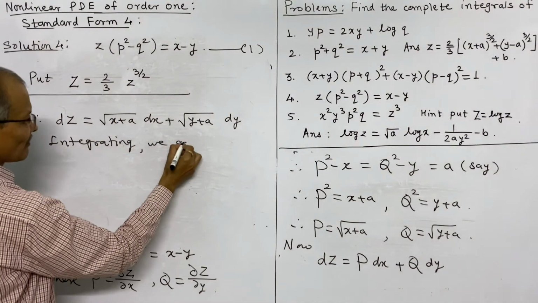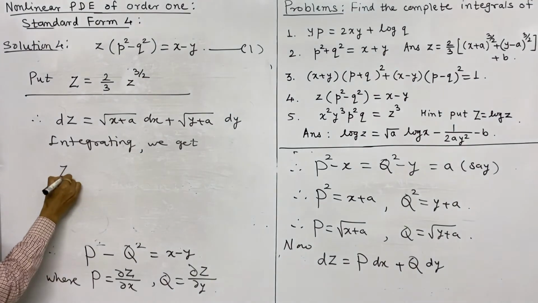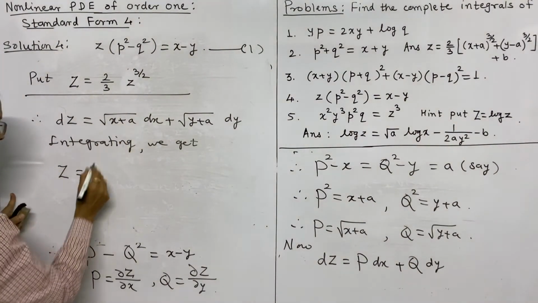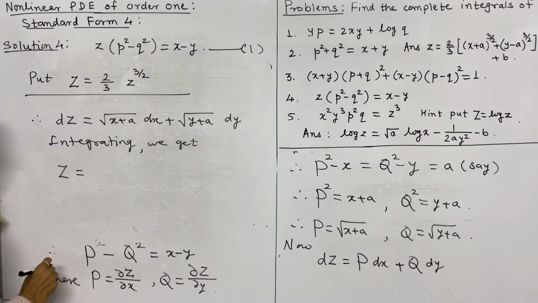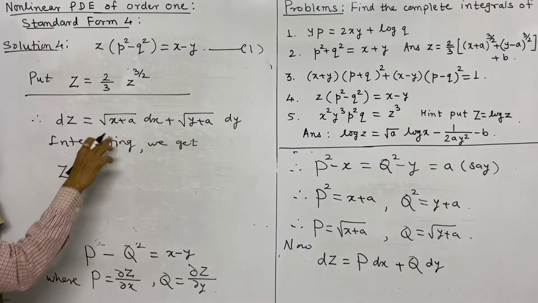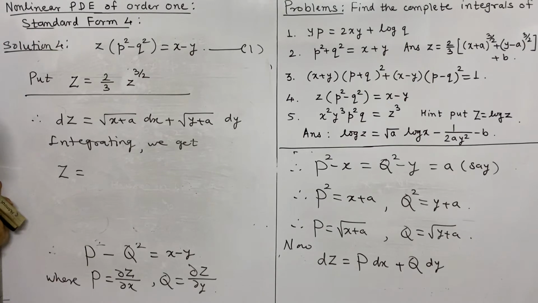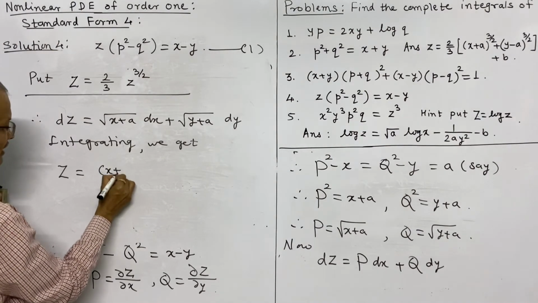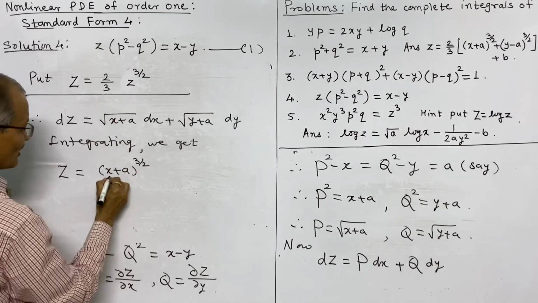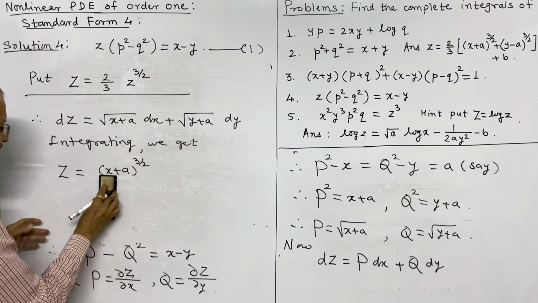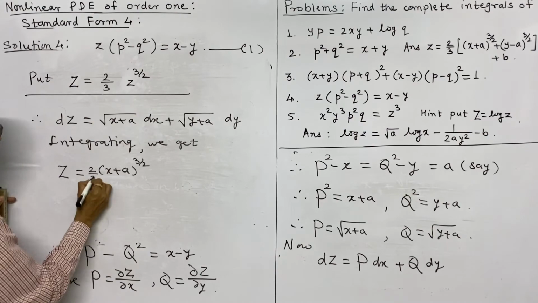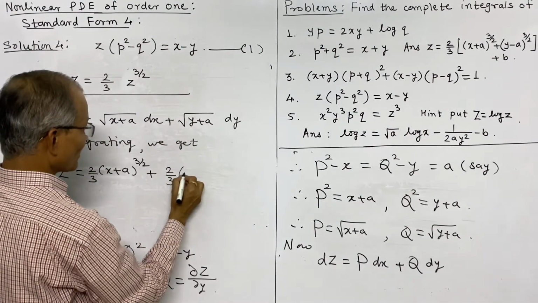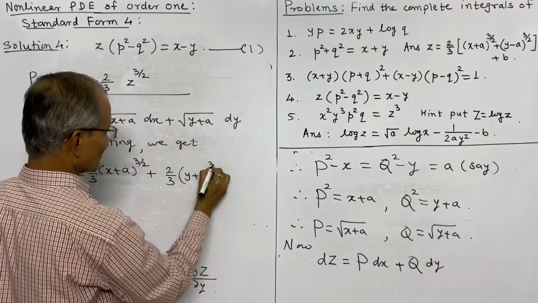Integrating we get, what is the integration of d of capital Z? Capital Z. And the integration of this root function, that is power is half. So power becomes half plus 1 means 3 by 2, and it is divided by 3 by 2. So x plus a to the power 3 by 2 divided by 3 by 2, or that means multiplied by 2 by 3, plus similar to this 2 by 3 y plus a to the power 3 by 2.